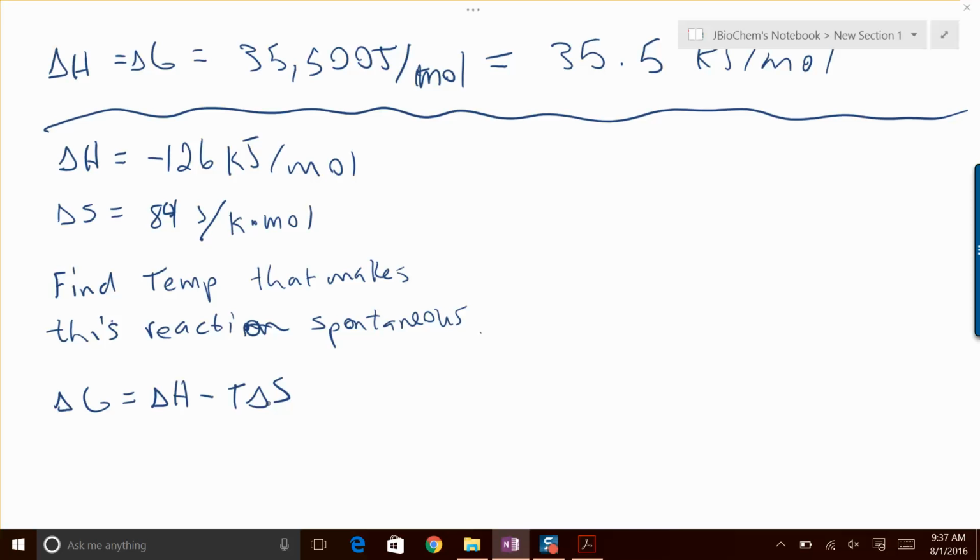And delta H is... I'm trying to see, the sign is not the same. You can see how it's positive. Delta G equals delta H. It's still confusing.